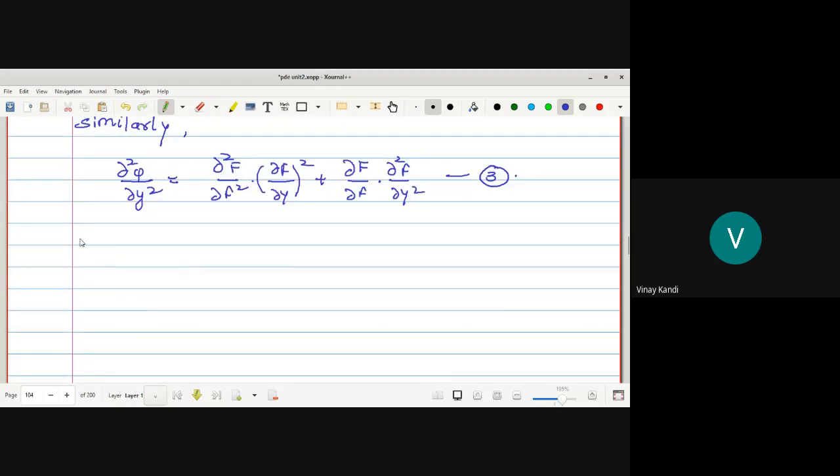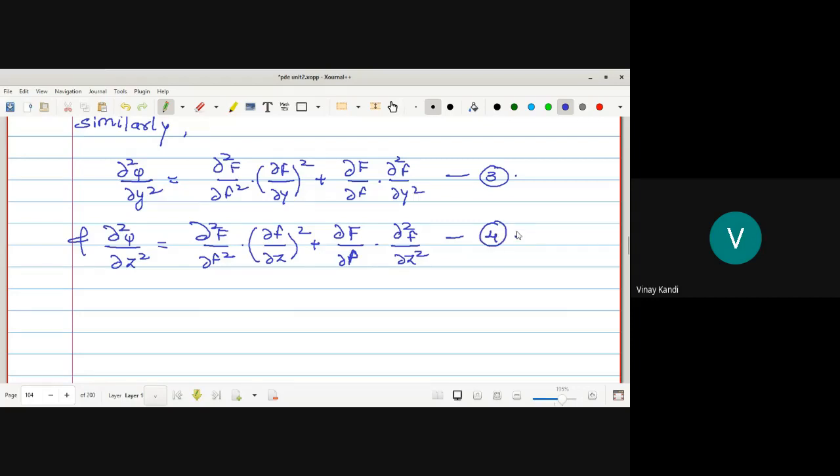Similarly for z, dou 2 psi by dou z square is equal to dou 2 capital F upon dou small f square into dou f by dou z, bracket square, plus dou capital F by dou small f into dou 2f by dou z square. Okay, so this is equation number 4.